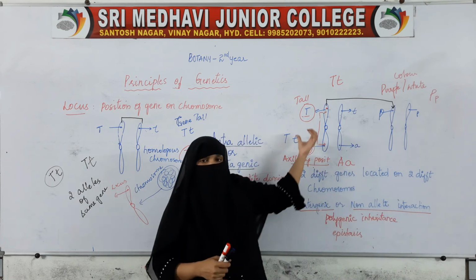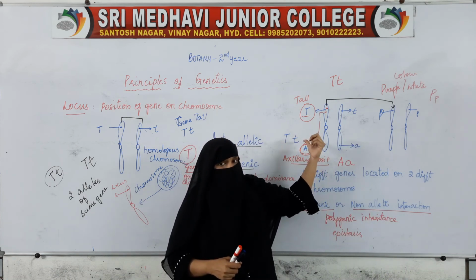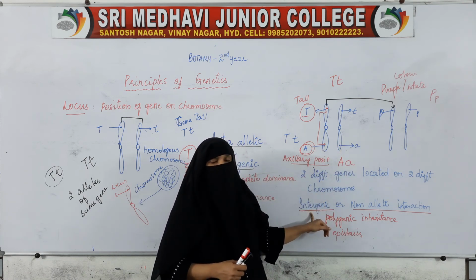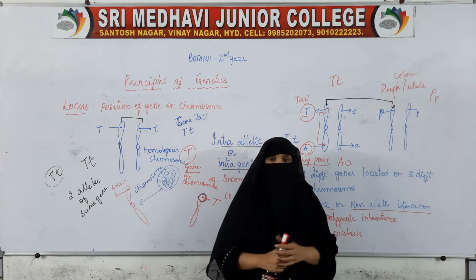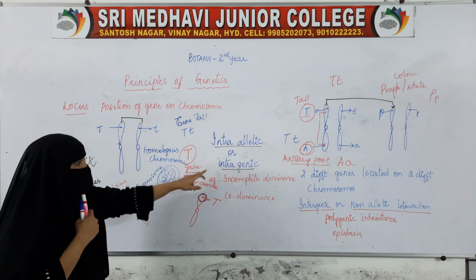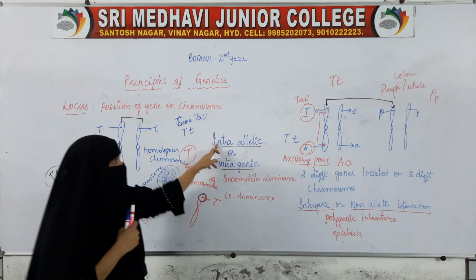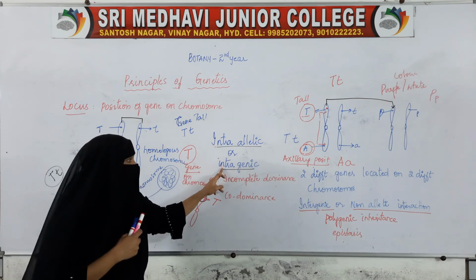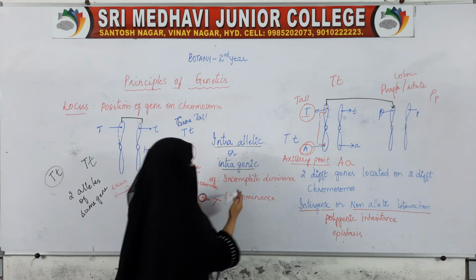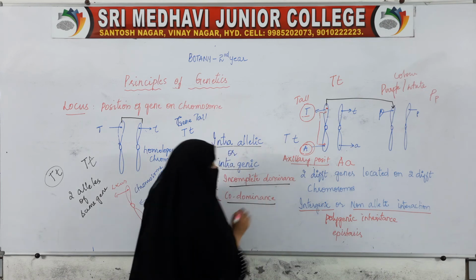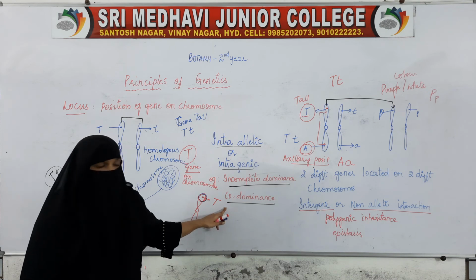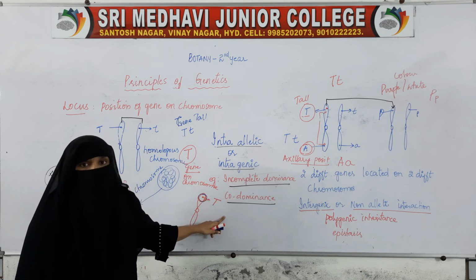If it is between two different genes, on the same chromosome or on different chromosomes, then it is intergenic or non-allelic interaction. Examples of intragenic or intra-allelic interactions are incomplete dominance and co-dominance. These are variations from Mendel's laws.